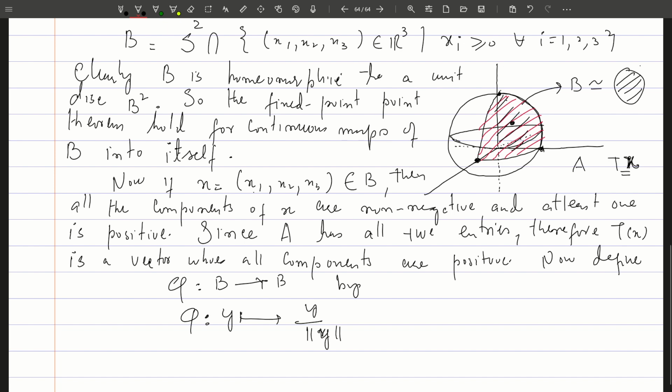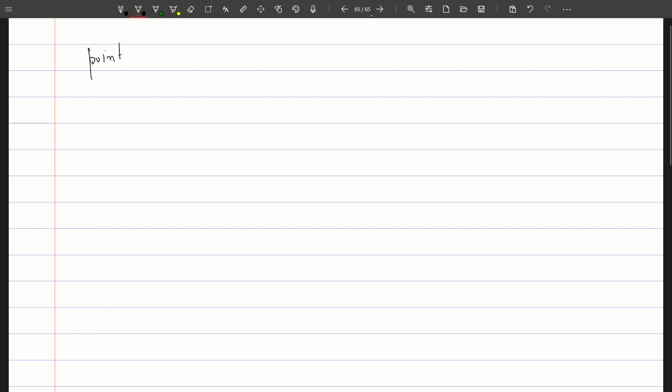So clearly phi is a continuous map, and hence there exists a point x naught in B which remains fixed, such that phi of x naught is x naught.